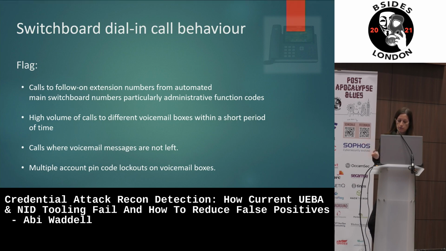Likewise, multiple calls to voicemail boxes where no messages are left point to possible recon activity. Lots of these calls in a short space of time could also indicate PIN number guessing, and PIN numbers are usually only protected with between 4 to 6 digits, which still represents a viable attack vector.